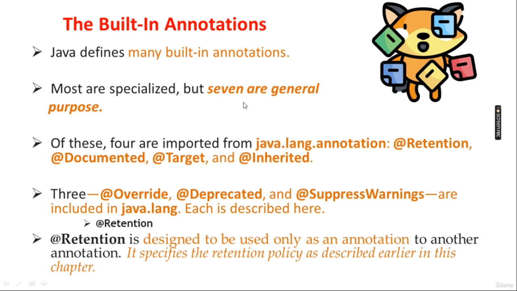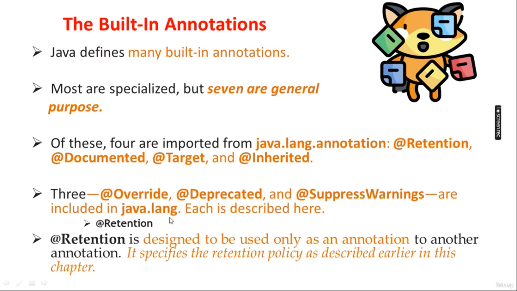Okay, so among the 7, 4 annotations are imported from the package java.lang.annotation. Which annotations are imported from it? Retention, Documented, Target, and Inherited. And Override, Deprecated, and SuppressWarnings are included in the java.lang package.